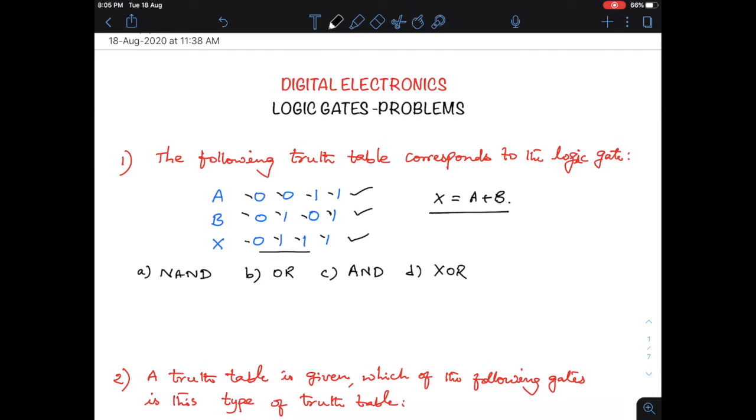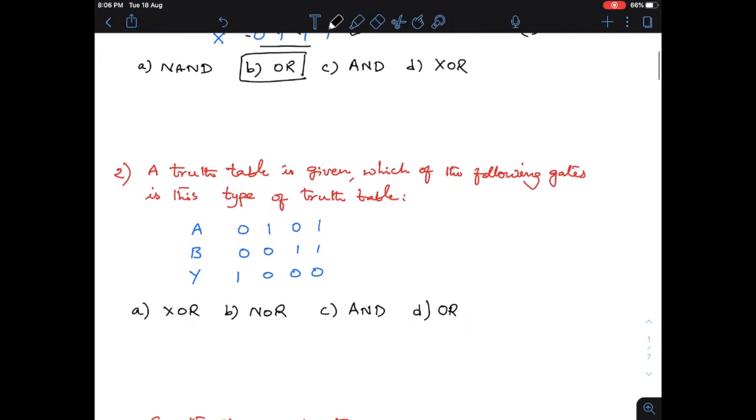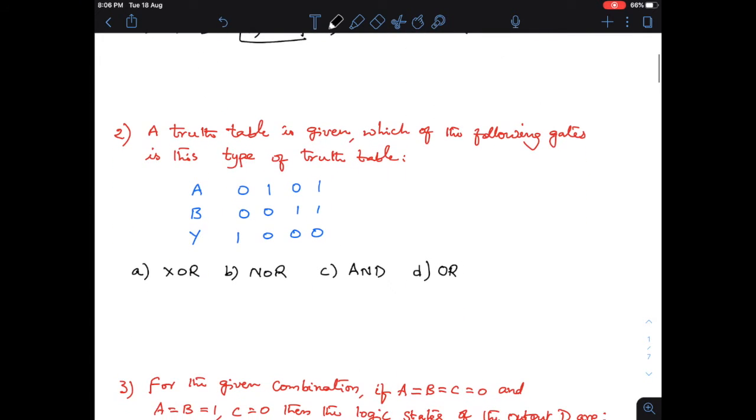So, it is basically an OR gate. So, the answer is OR gate. So, the answer is B.